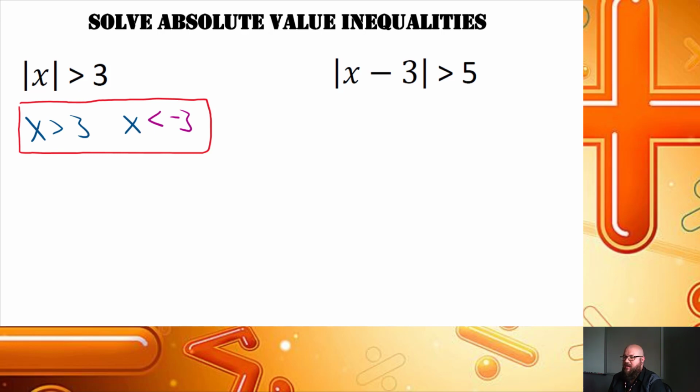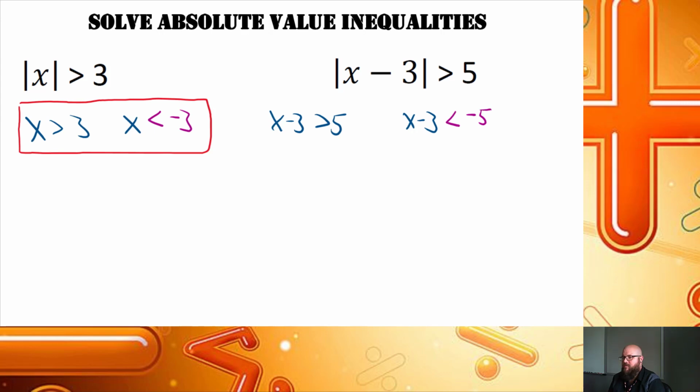All right, so the absolute value of x minus 3 is greater than 5. Again, we're going to take the first equation, x minus 3 greater than 5, just how it's written. And then we're going to take x minus 3, and we're going to switch the sign and say less than negative 5.